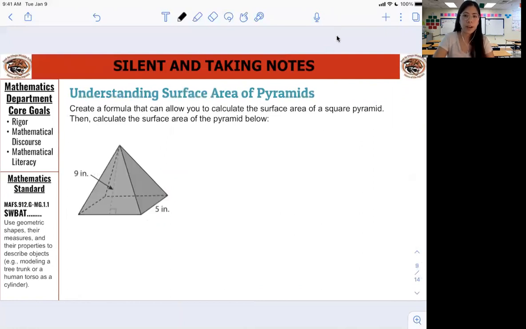What type of shapes would I have? What are all the different shapes I would have in here? Triangles and squares. So I have a square in the middle.